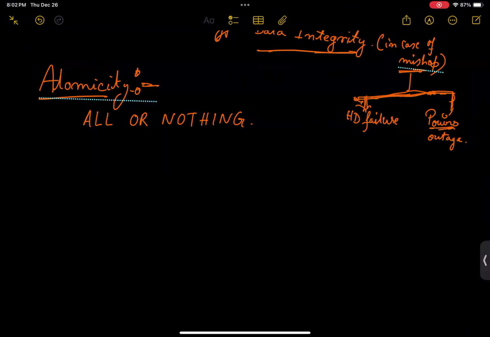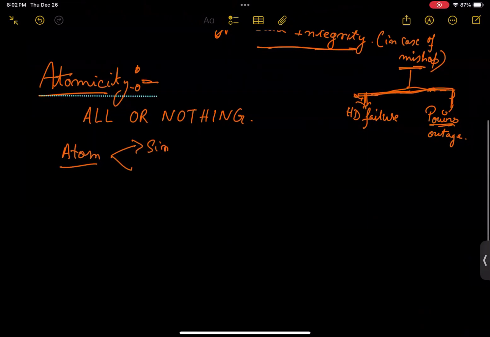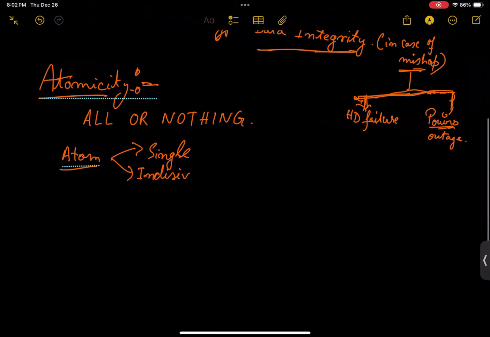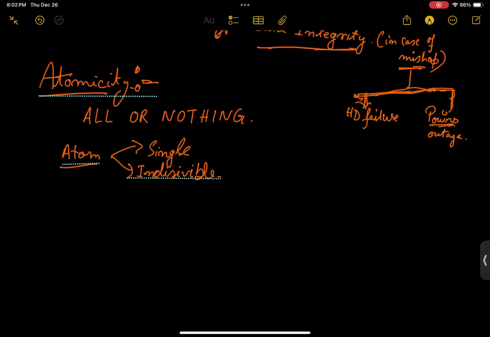Any transaction that is happening in the database system has to be treated as a single indivisible unit, an atom. What does atom mean? An atom is basically single and indivisible. It cannot be broken down further.